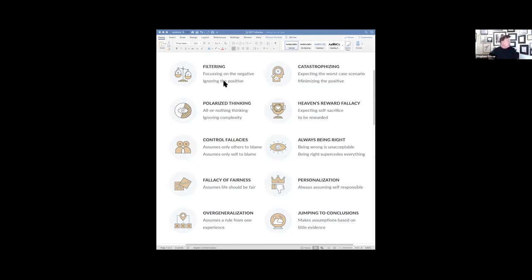But if you look at this and we start looking at some of this stuff, number one on the list is filtering. And it says here, focusing on the negative, ignoring the positive. And that goes back to the way you think about the NLP model. That's a simplistic way of saying that objective reality is getting filtered by what your existing belief system is.